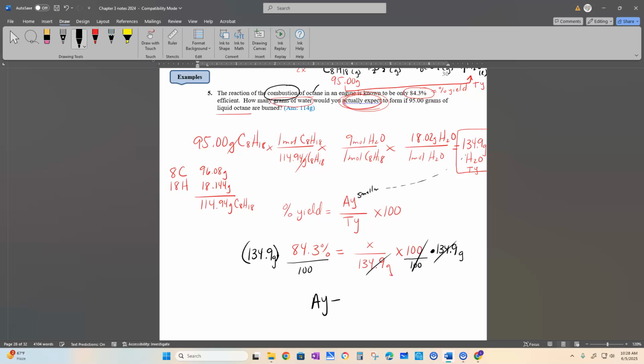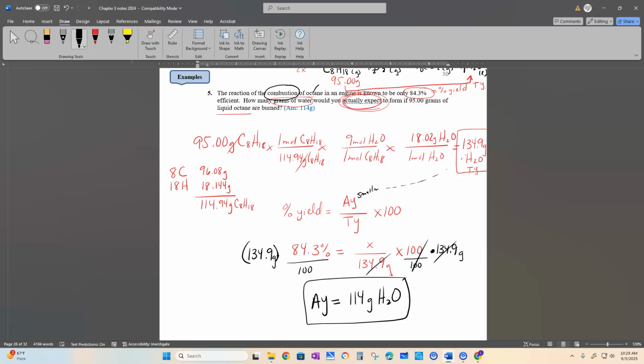So my actual yield, for me to get 84% in the lab, I need to actually produce 113, actually it's 113.7. So with 3 sig figs, because that 84.3 is dictating the sig figs, I need to produce 114 grams of water to get that 84.3%.